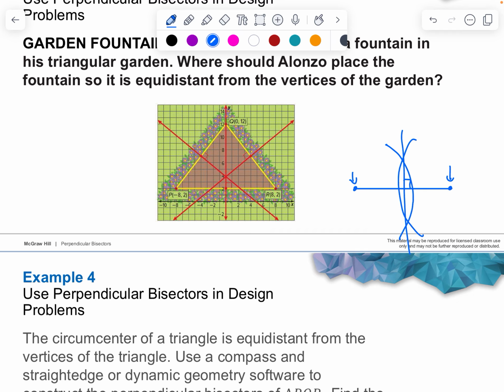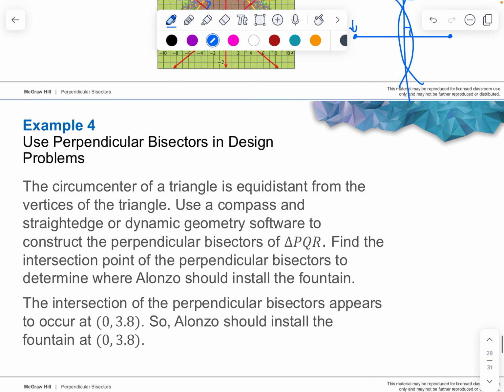Nice perpendicular bisector. You're going to do that from those points, and then from these 2 points. And you only have to do it from 2, by the way. You don't have to do it from 3. Okay. All right.